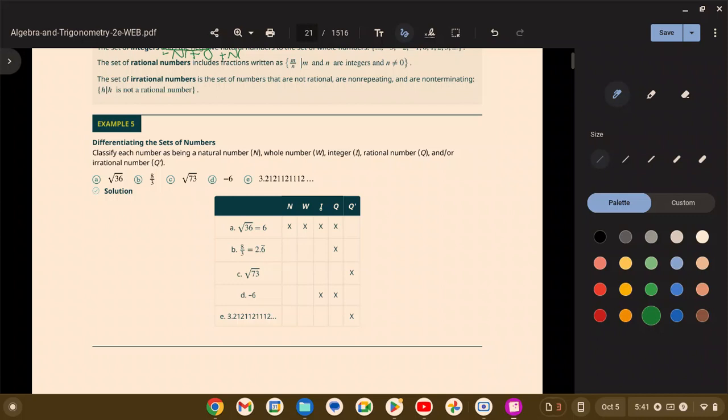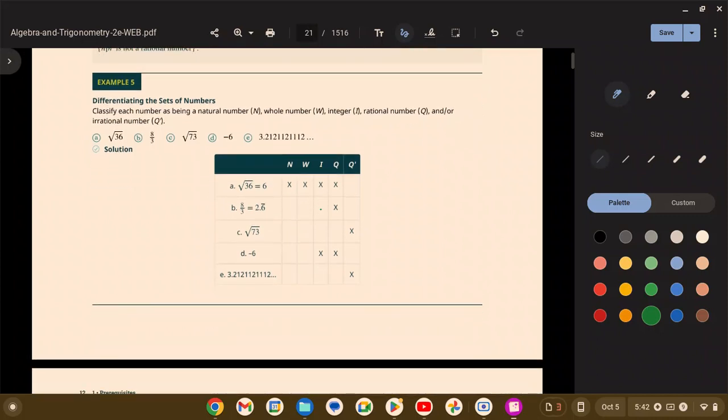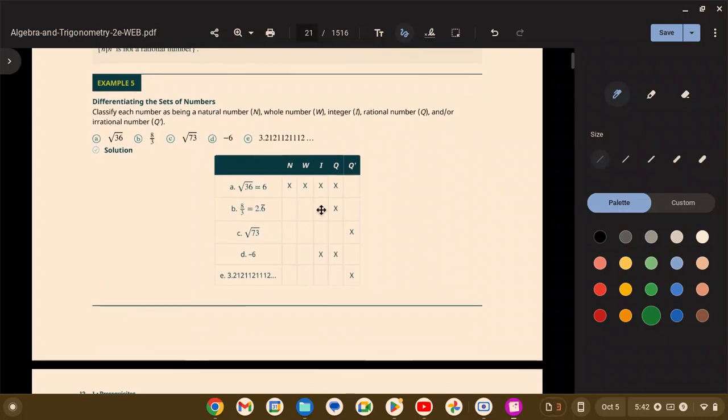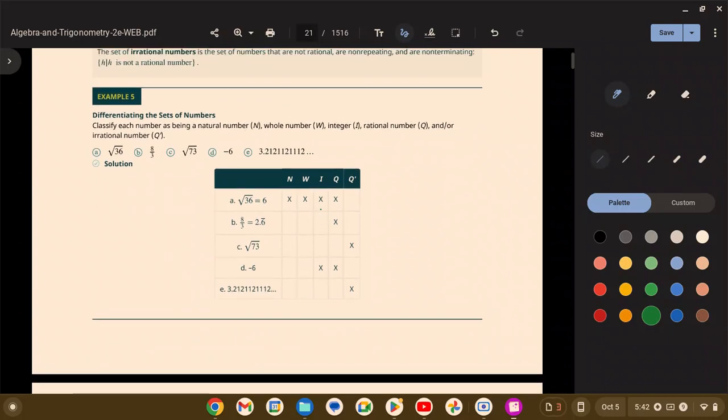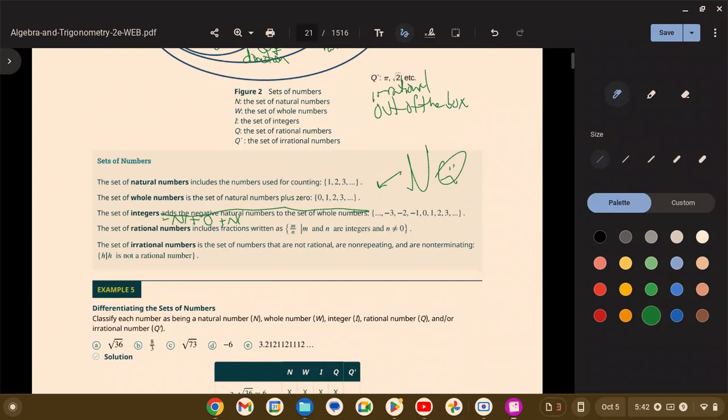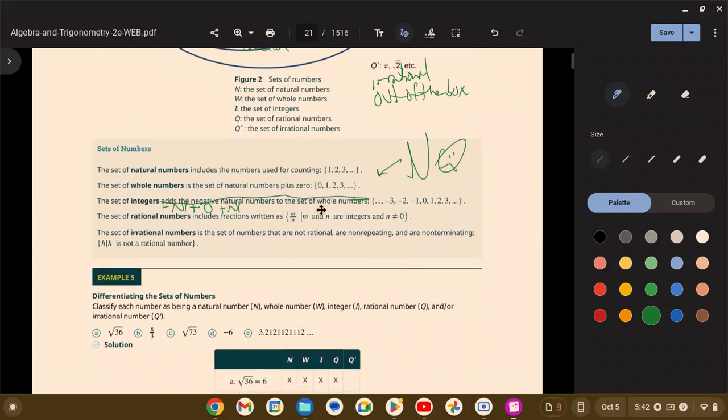And then 2.6, that's just rational. Root 73 is just irrational. Negative 6 is going to be an integer and rational. And E is just irrational. But it's got the repeating pattern, though. Yeah, so that's a typo.